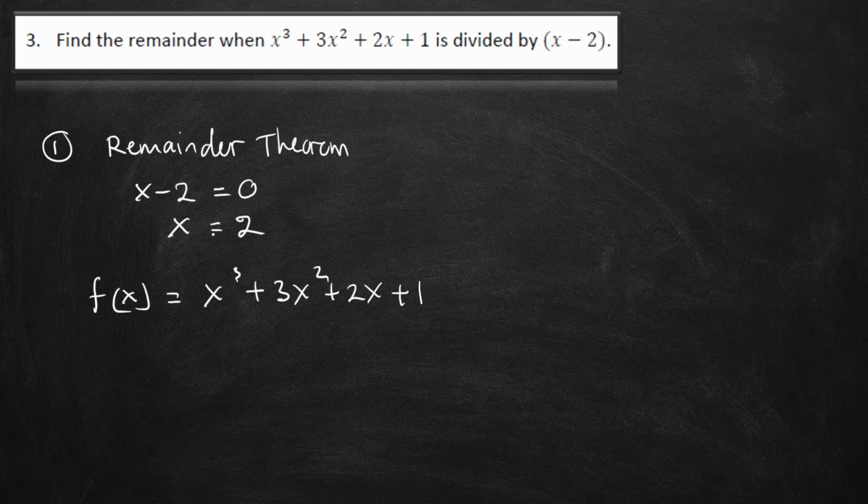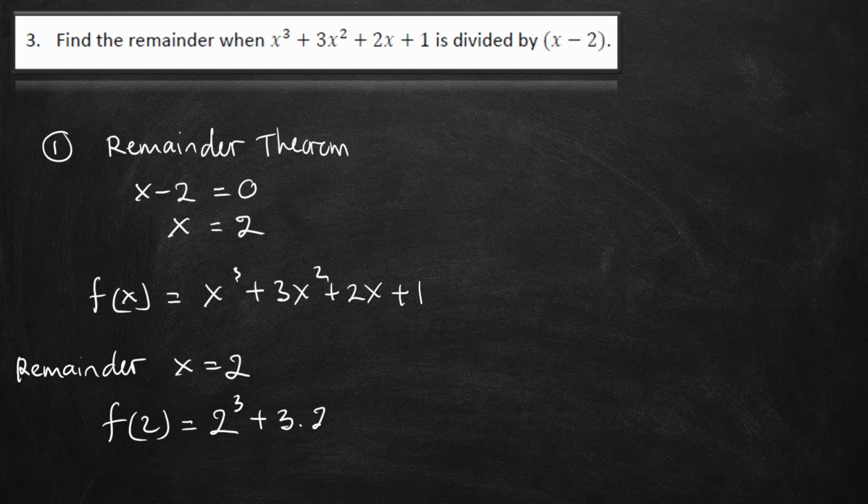So since here x equals to 2, then we can calculate the remainder when x equals to 2. So f(2) will be equals to 2 power of 3 plus 3 times 2 power of 2 plus 2 times 2 plus 1. So here 8 plus 12 plus 4 plus 1 is 25. So the answer is 25.